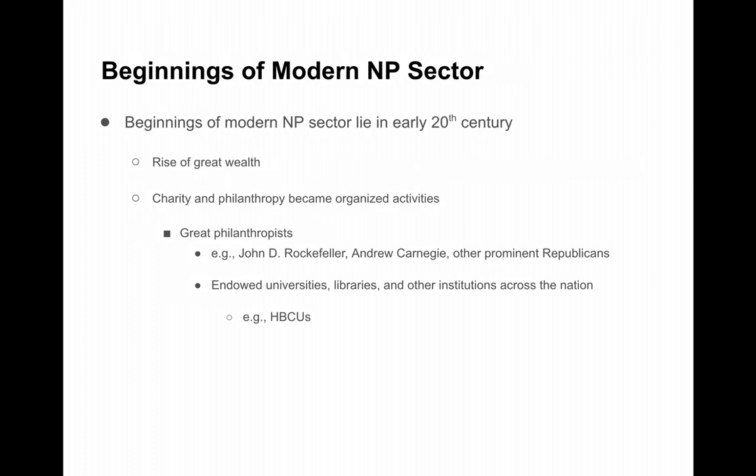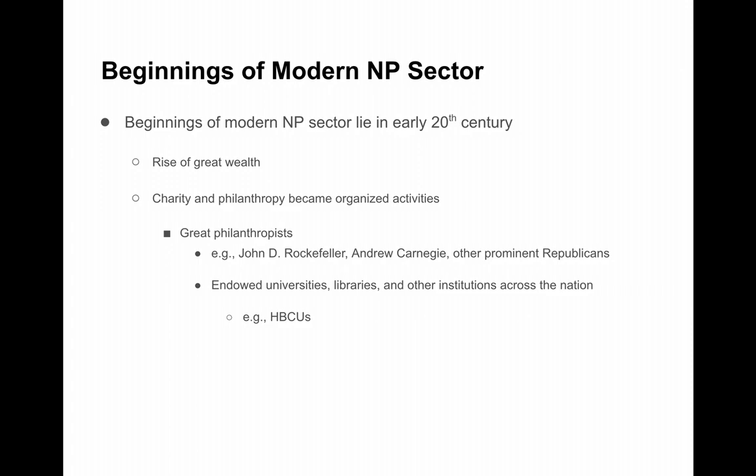So then you possibly want to know, how about the modern nonprofit sector? Is this different from the time when Tocqueville wrote Democracy in America, or is it still the same? Right, we would say the beginning of the modern nonprofit sector lay in the early 20th century, because of so many wealthy people, and charity and philanthropy became more formally organized.